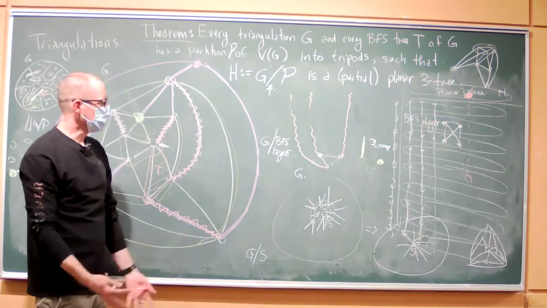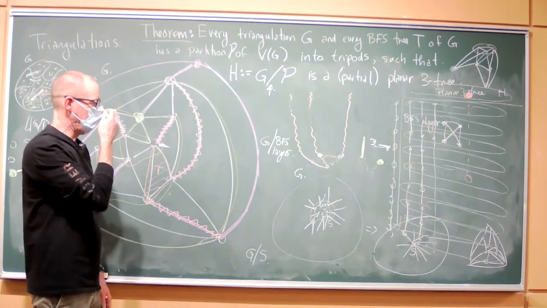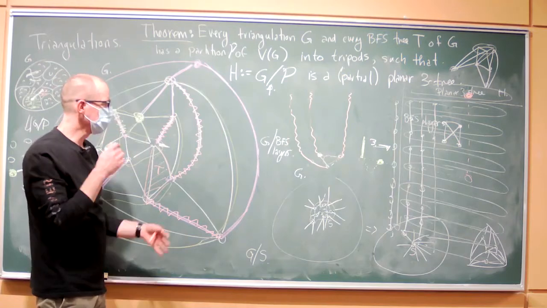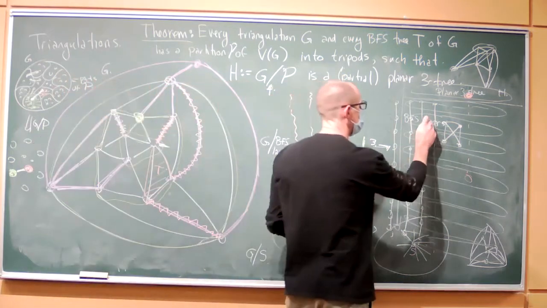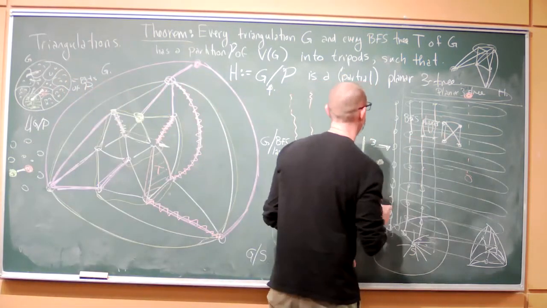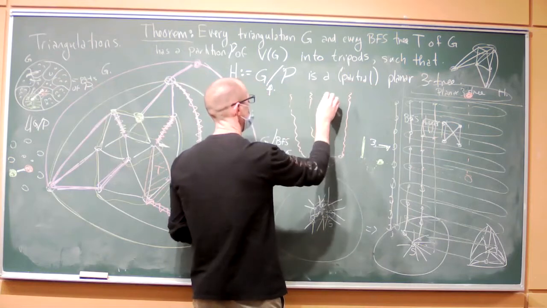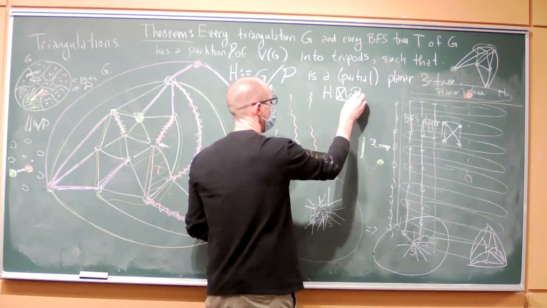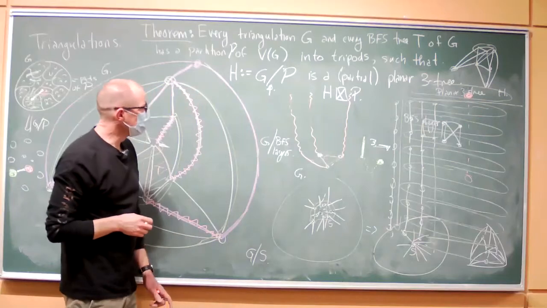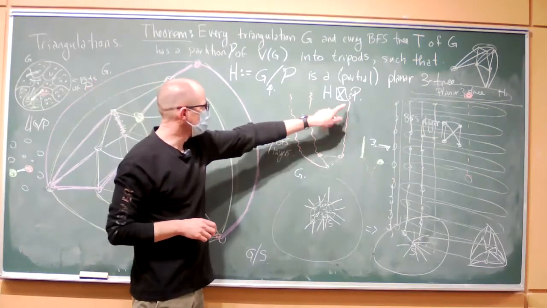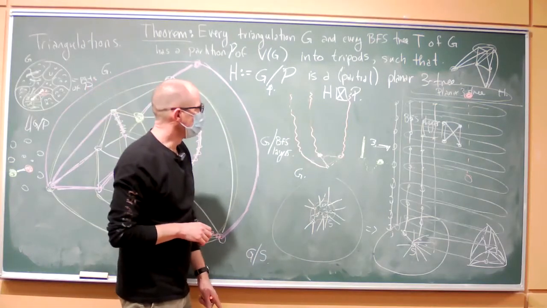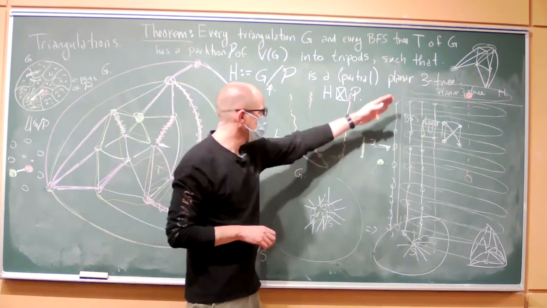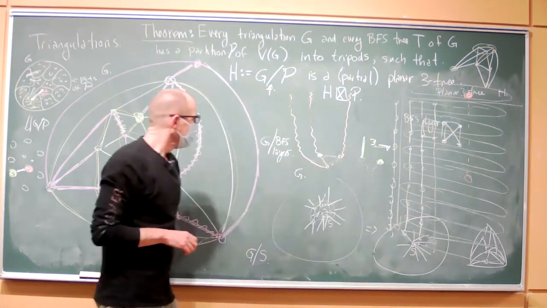So now you get a big graph that looks kind of grid-like. So that thing is called H times P. You can kind of see that, and this thing here is called the strong product. So it gives you this big graph.